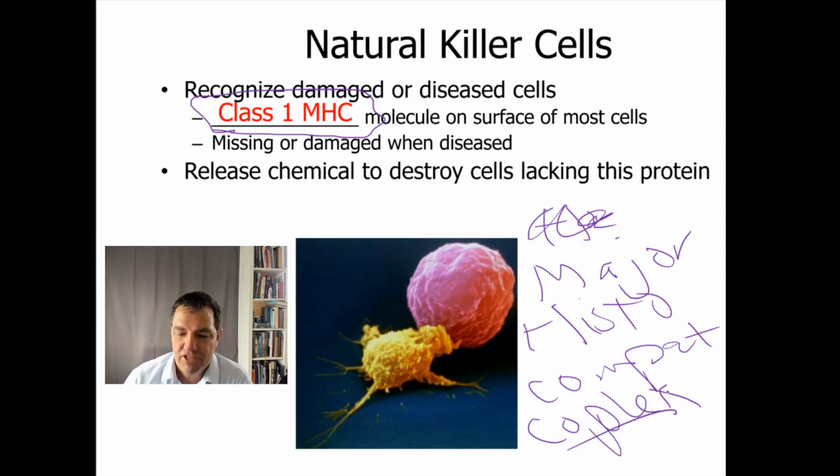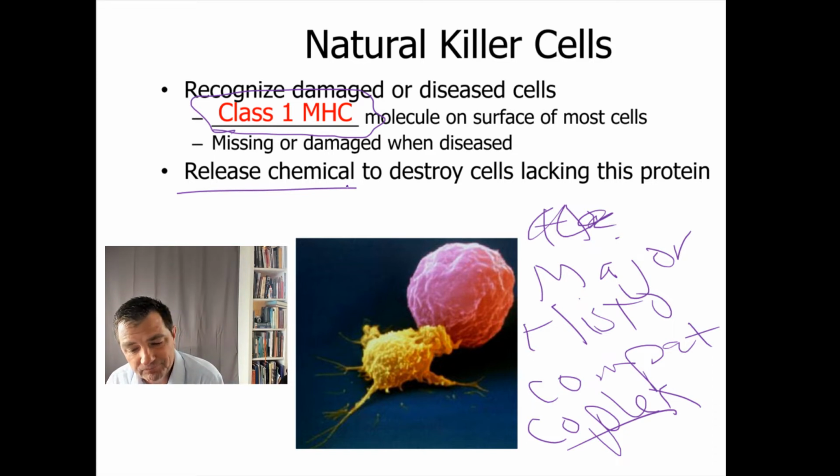Now, if that class 1 MHC is missing, or if it's produced in a way that's damaged, these natural killer cells will release chemicals to destroy the cell. They'll kill your own cell if it's lacking this class 1 MHC, or if the class 1 MHC is somehow damaged.